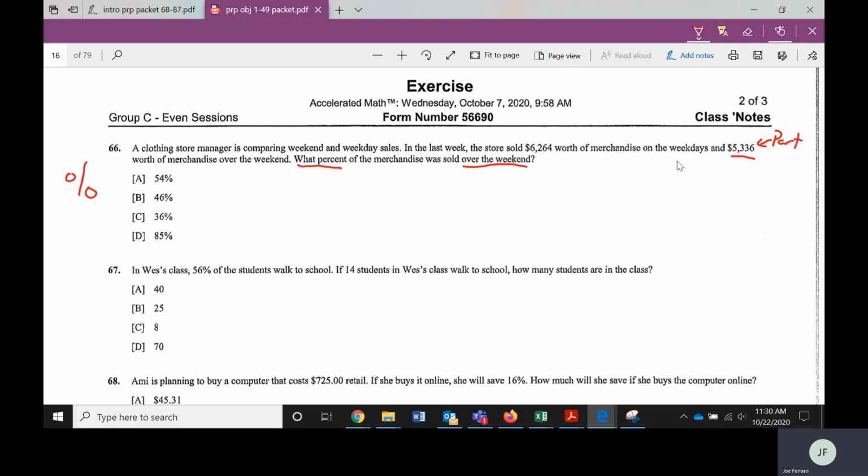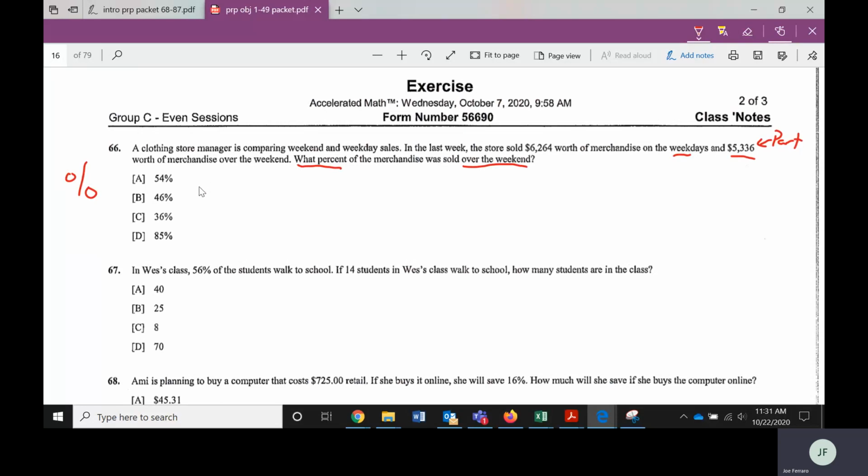Now what's maybe confusing here, usually in these problems, we're looking for percent. We figure out that this is the part, and then people often say, oh, this got to be the whole then. Okay, now think of it though. The weekend is part of all their sales. This number doesn't represent all their sales. This is how much was sold on the weekday.